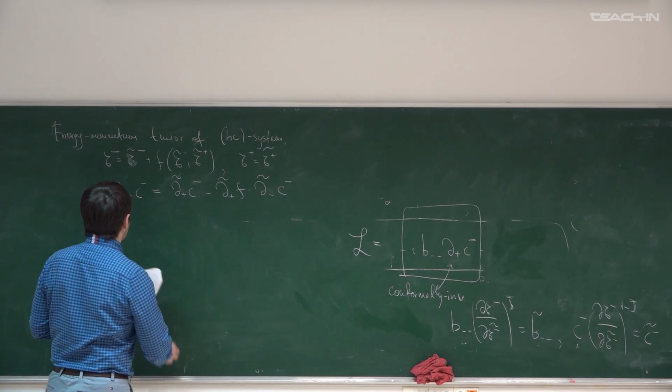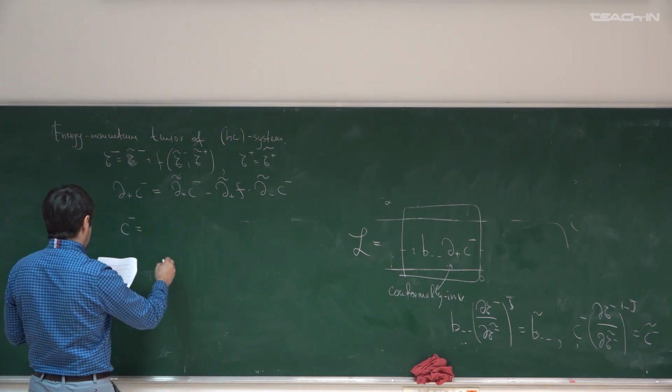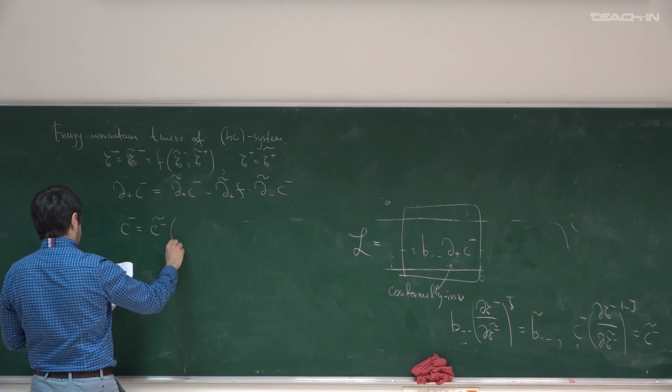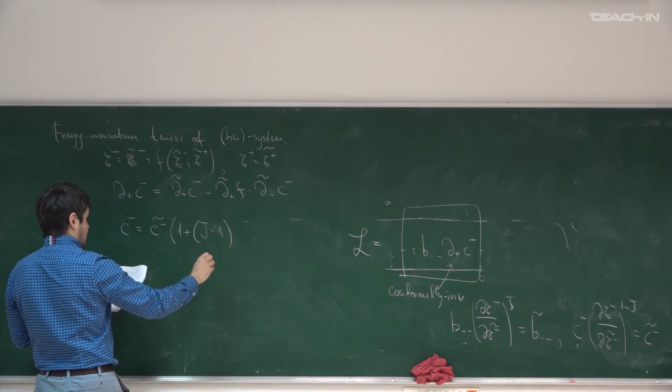But then we know that C minus is, from that formula over there, C minus tilde times 1 plus J minus 1.